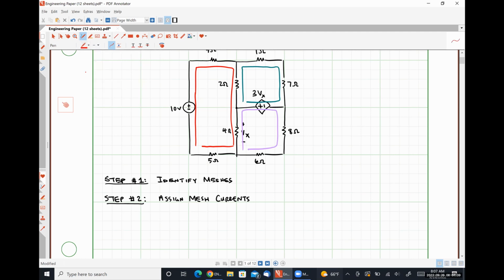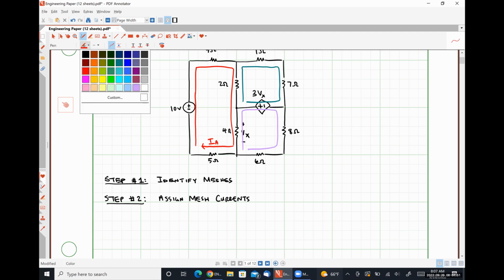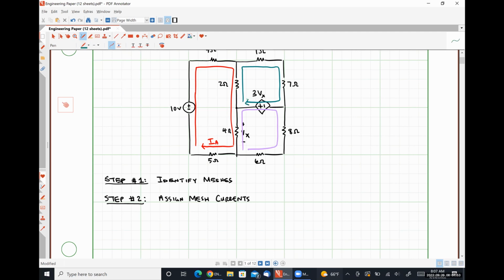So the way that I've drawn these paths, I'm just going to put the head of an arrow on here, and I'm going to call this mesh current IA. This will be mesh current IB. And this will be mesh current IC.